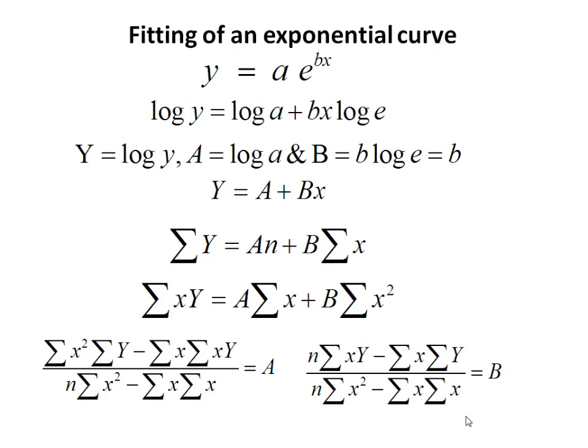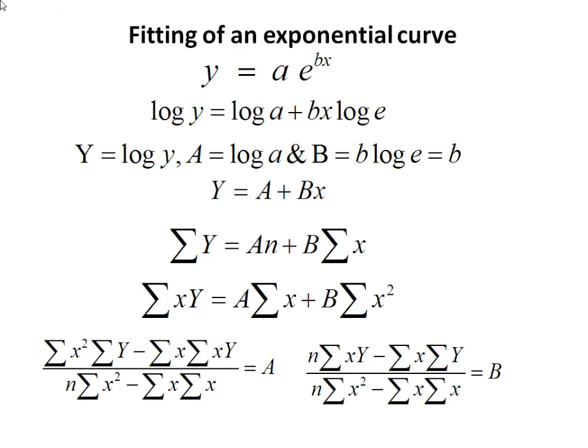Here, the values of a and b are to be determined such that the exponential function best fits our experimental data. To get the values of a and b, first we transform it into a linear equation by taking log on both sides. Here, capital Y is kept for log of y, capital A is kept for log of a, and capital B for b log e, which is b.